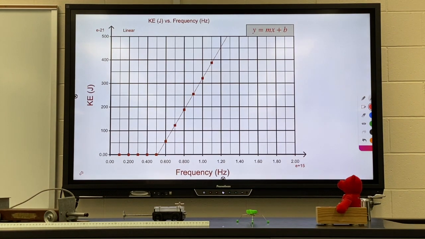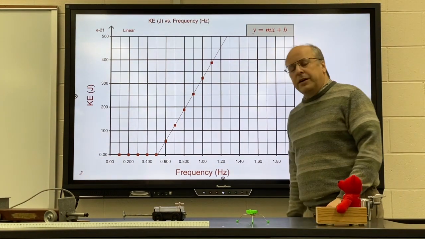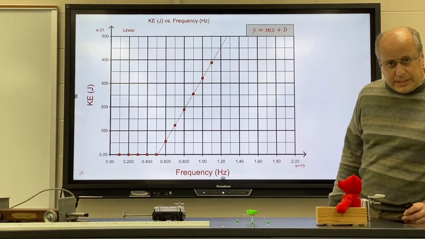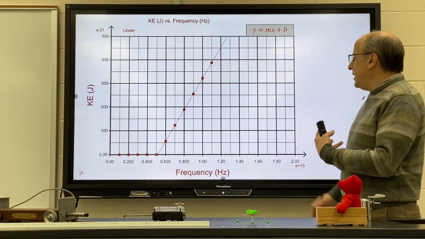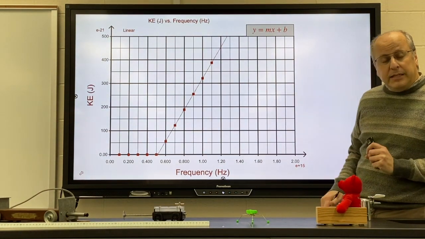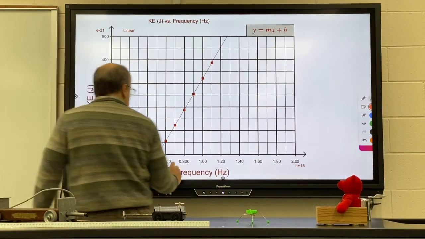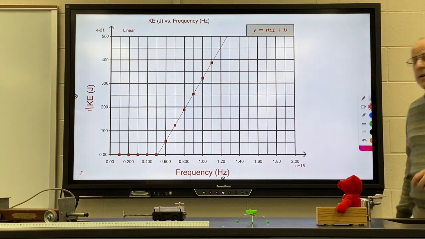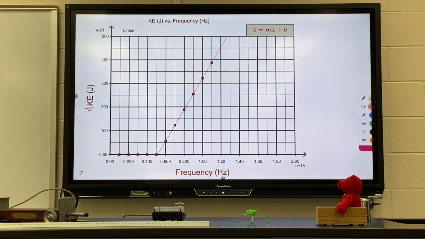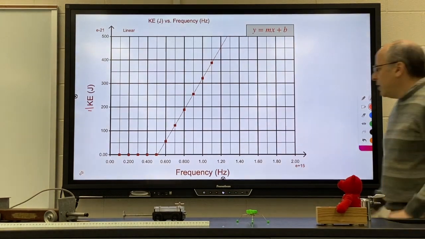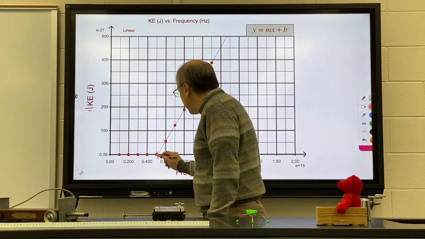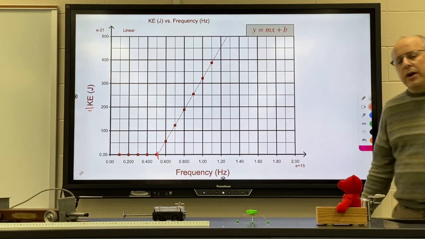When we plot it out, we do a whole bunch of different colors, a whole bunch of different frequencies. We use the power supply to stop them. We get a graph that looks like this, a very, very important graph. We have kinetic energy of the electrons on the Y, the frequency of light on the X. You'll notice it is a linear graph that has a distinct starting point.